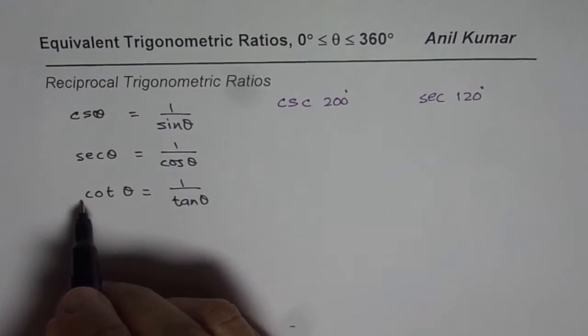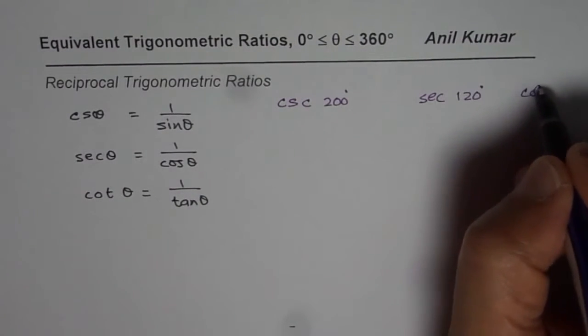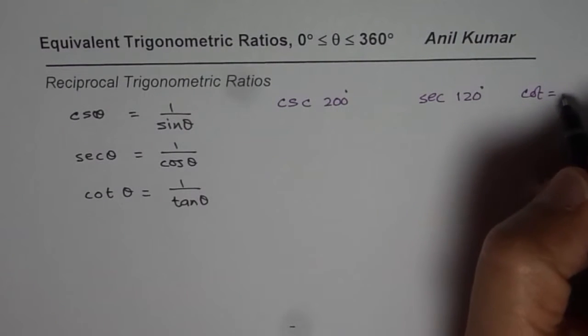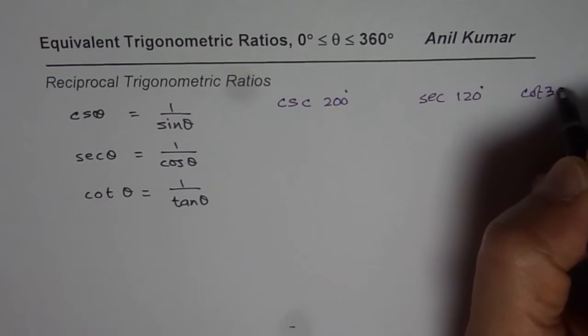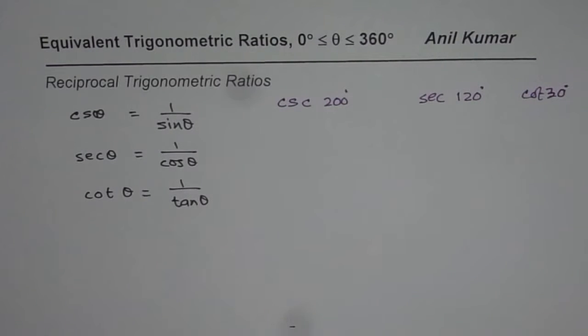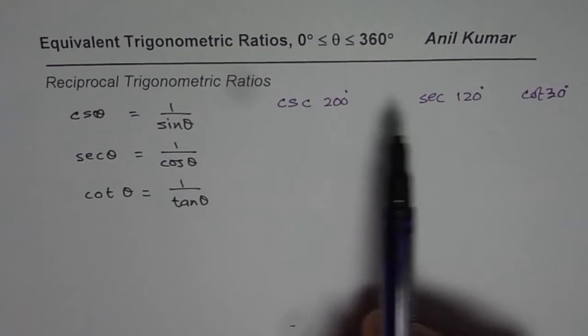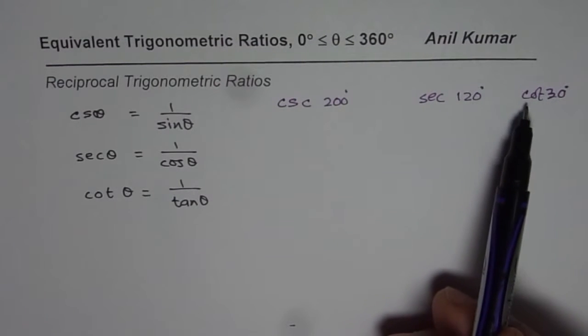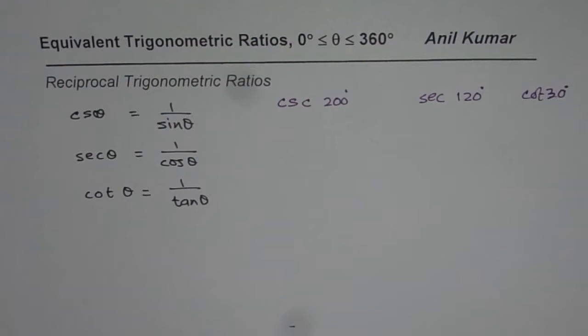And for tangent reciprocal, which is cotangent, let us take angle of, let us say, 60 degrees. Cotangent of, let's say, 30. I just wrote 30. Fine. So we have these three reciprocal trigonometric ratios for which we are going to find equivalent trigonometric ratios.